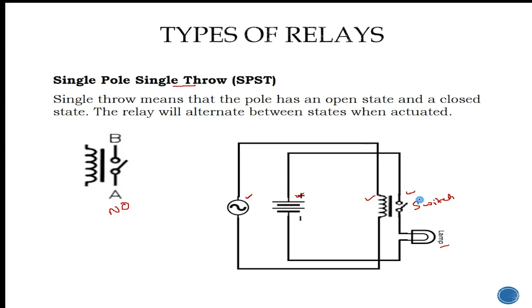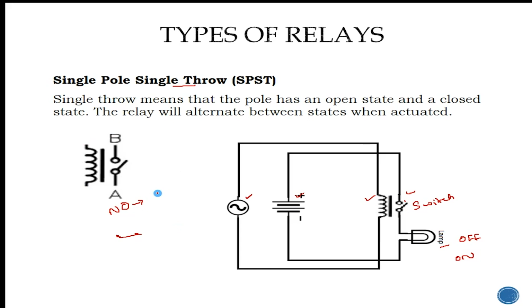Initially, the switch will be in the open contact, so the lamp will be in off state. Once you turn on the switch, this contact will be connected and the power will start flowing and the lamp will turn on. This is a normal switch.